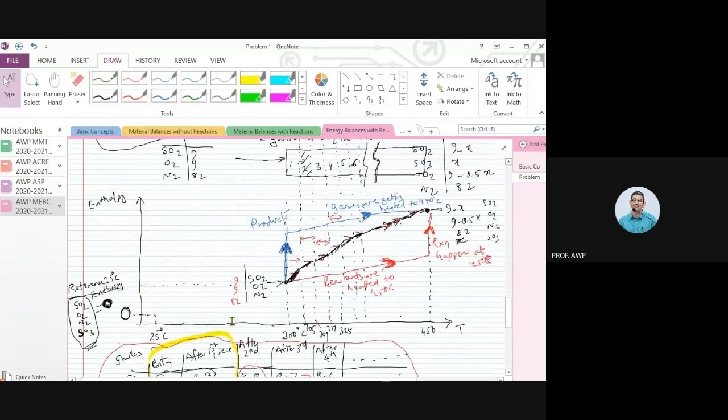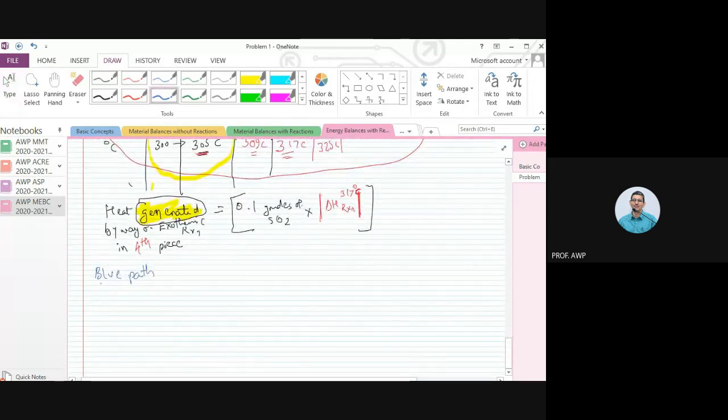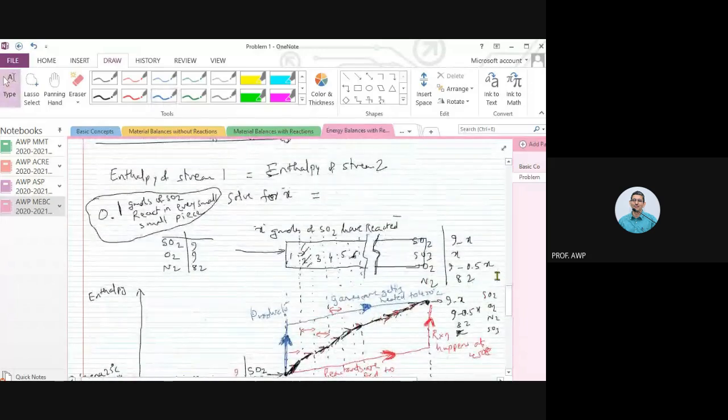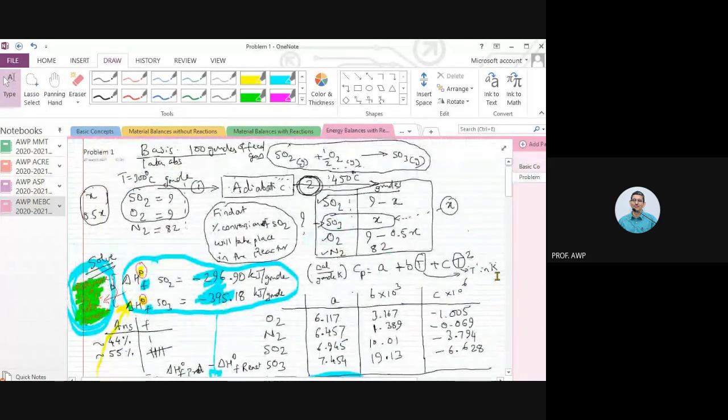If you are traveling by this blue path, what enthalpy balance are we going to write? We are going to write a balance of enthalpy over the control volume, which is our reactor. This is our reactor. This is our control volume.